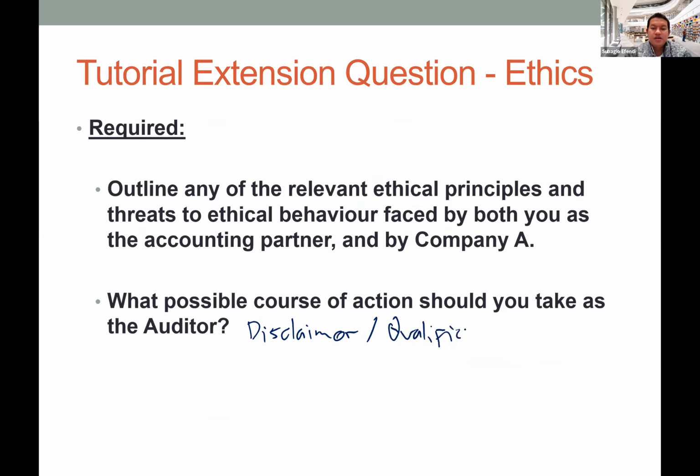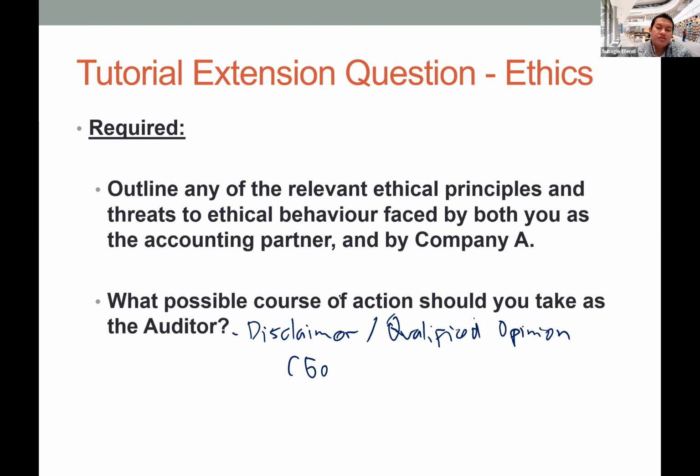Regardless of the condition, you should issue this disclaimer or qualified opinion. So you follow the professional accounting standard behaviors and highlight the going concern problems within this company's operation.